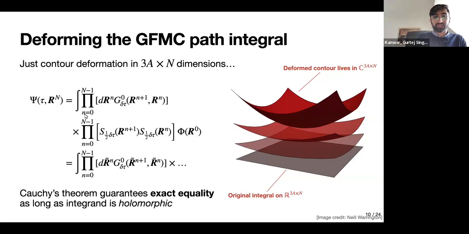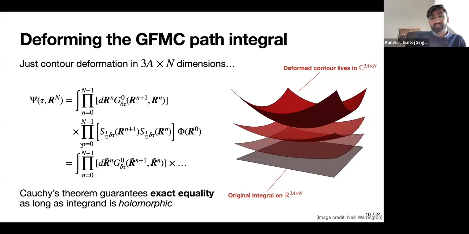So this is just transcribing the path integral that we wrote down 2 slides ago. And the point is, if we look at the measure, this is just integration over r to the 3A times N. So there's 3A degrees of freedom per time slice and N time slices. And altogether, we're integrating over all of these simultaneously.